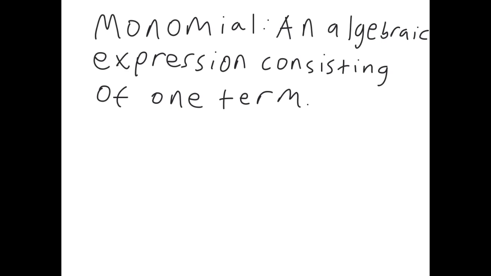Here are some examples of monomials. It can be just a number, like 7. It can be just a variable, like x. It can be a combination of them, 2y. It can be any combination of numbers and variables.